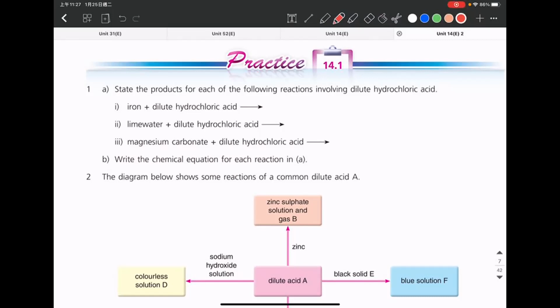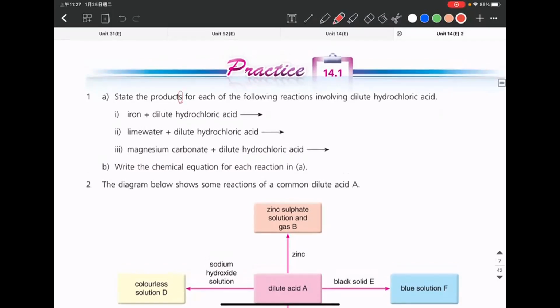The first one, iron reacts with dilute HCl. I would like to invite somebody to have a try. Lê Minh Trấn, could you please have a try on A1? Could you please tell me the products? The product is iron chloride. Iron chloride. What is the charge of iron?